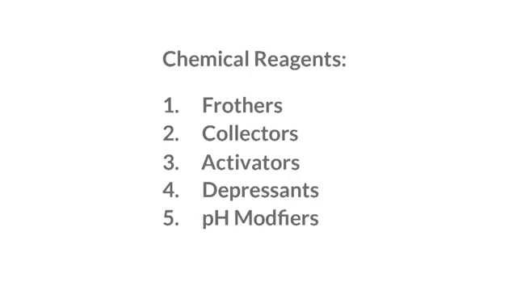A collector makes the surface of a particle hydrophobic. An activator makes a particle surface more responsive to the collector. A depressant makes the surface of unwanted particles less responsive to the collector. We can also add acids or bases as pH modifiers to control the responses of minerals to the collector.